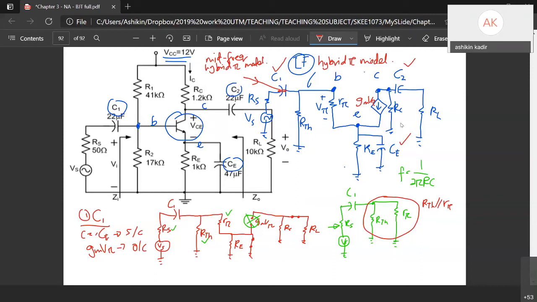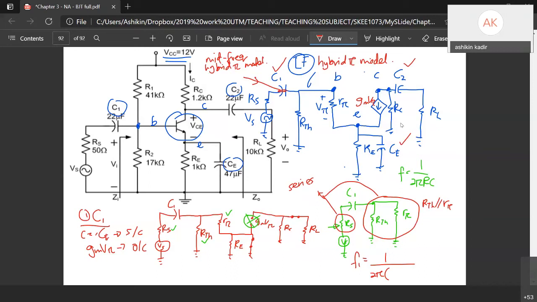Okay, so for C1, we will have F1. So F1 will be equal to 1 over 2π. The resistors here are RS, and RTH and Rπ. RS is in series, but RTH and Rπ here are parallel.